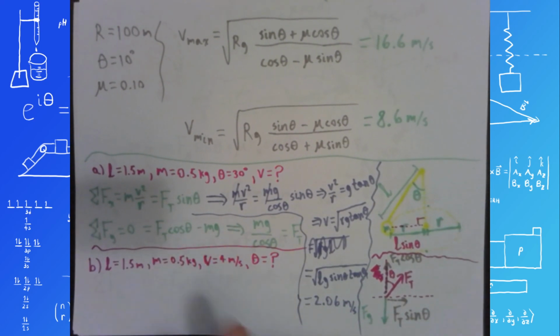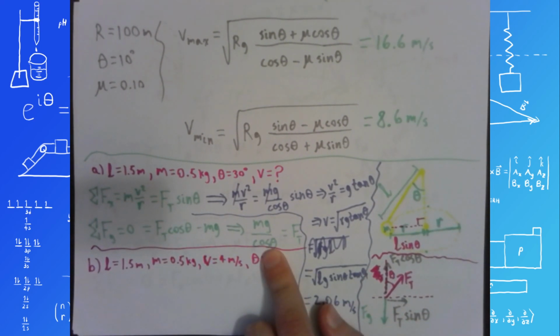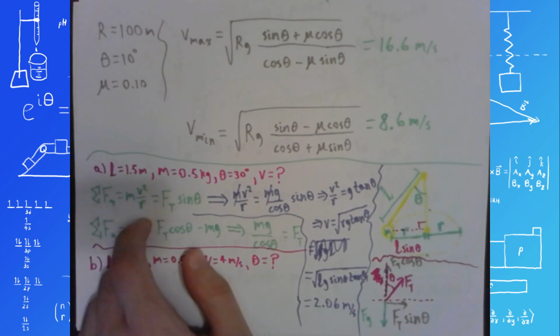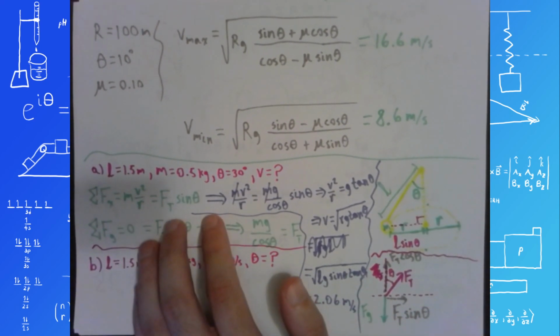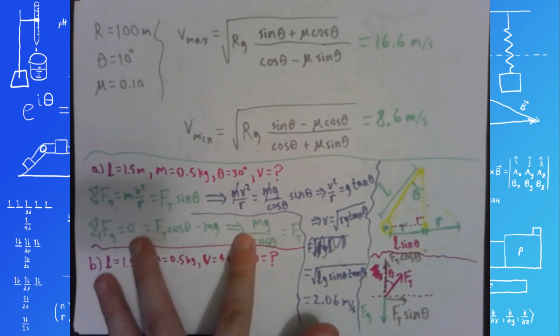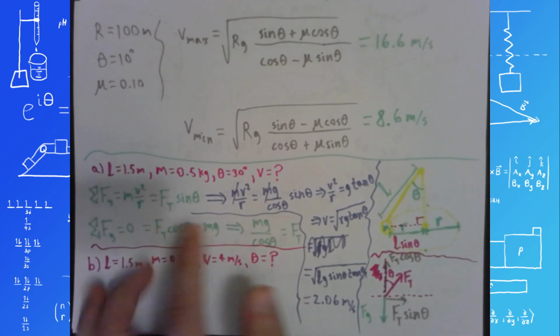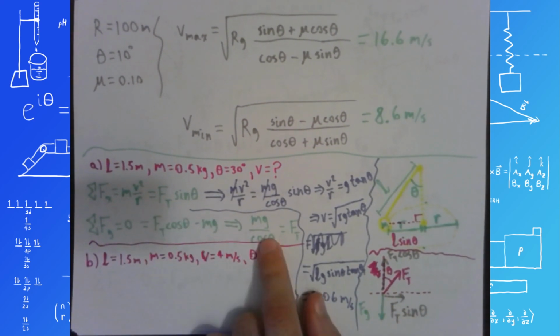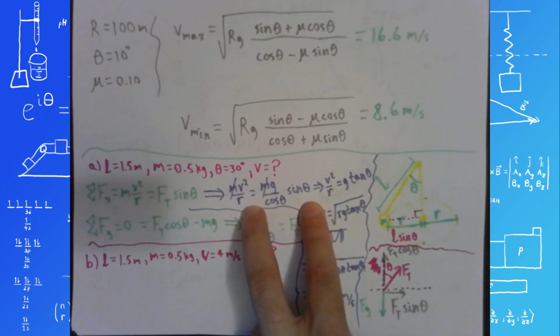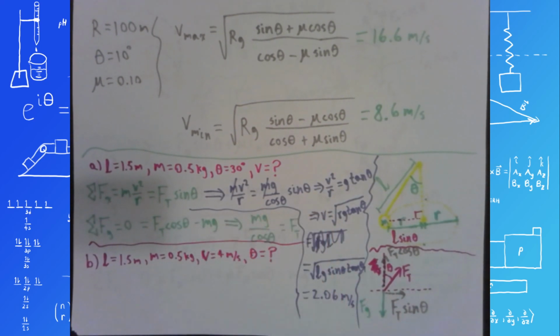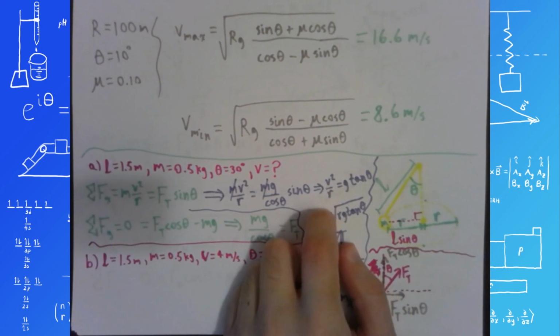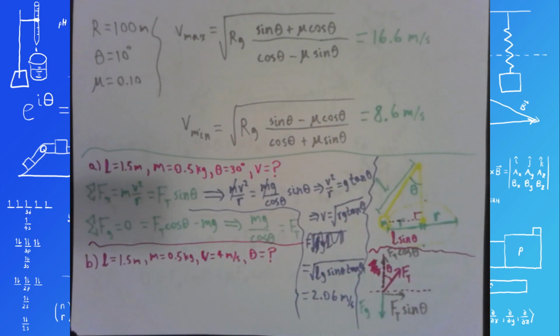It's also still true that whatever v is, mv squared over r is equal to force of tension sine theta, and since our vertical equation is still true, we can still replace force of tension with mg over cosine theta, so we can still say v squared over r is equal to g tan theta.